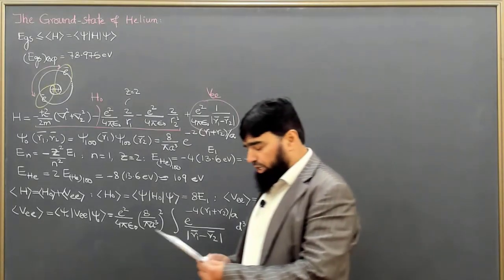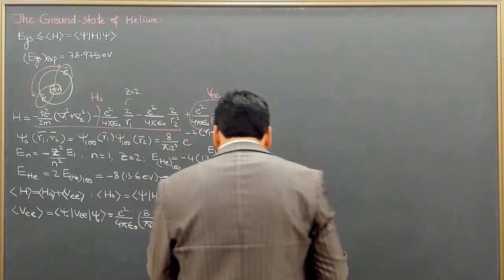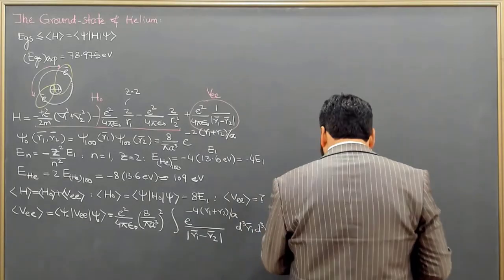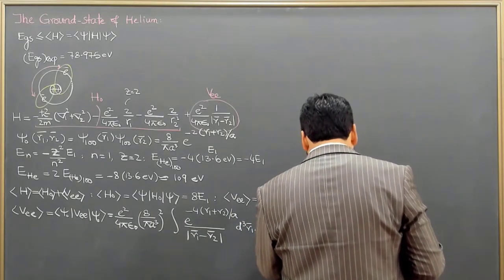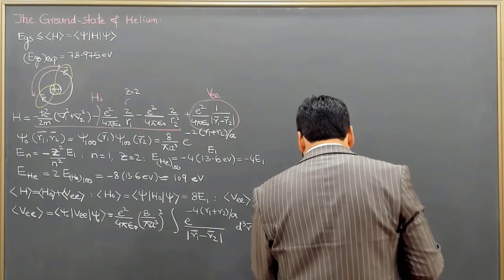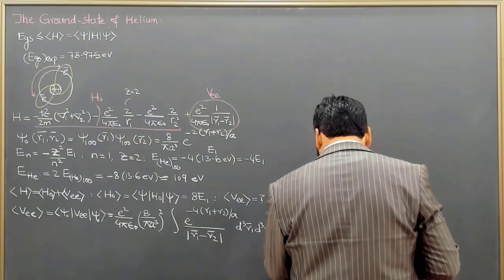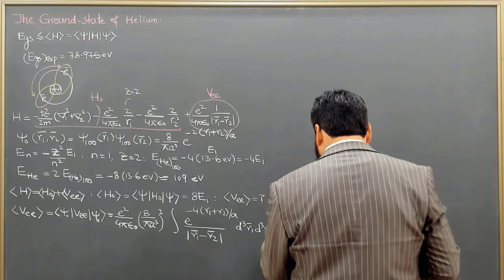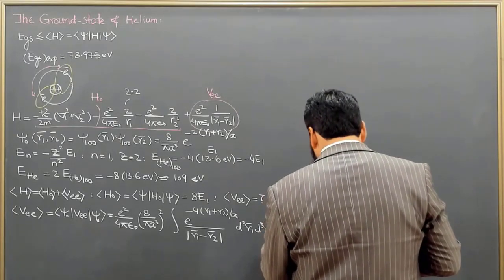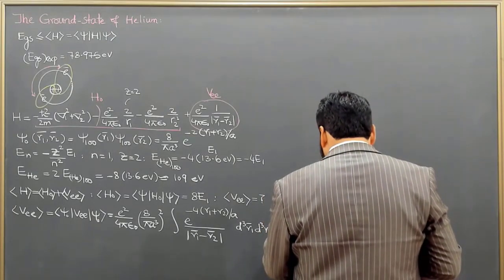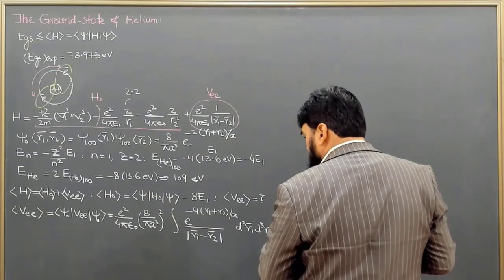That is the way we will proceed, and in order to solve it for r2, we align the coordinate system such that r1 is along z2.